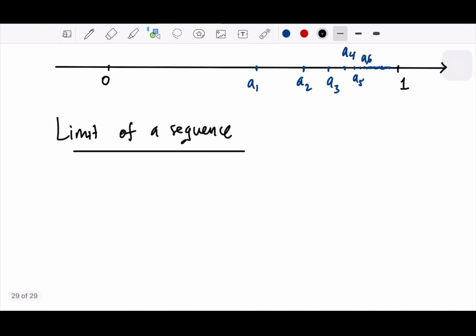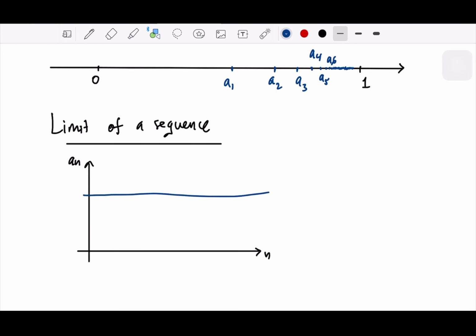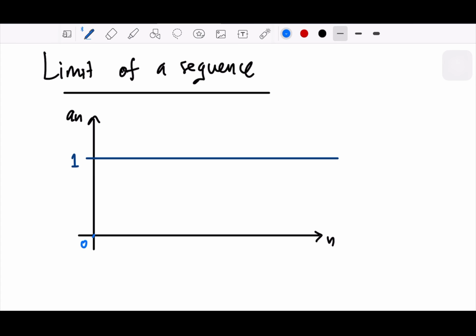Or if we draw a clearer picture, as in the Cartesian plane, let's say this is our an and this is our n, and if we take this line, this is a value of 1, and maybe taking n from 0, 1, 2, 3, 4, 5, maybe until 6.